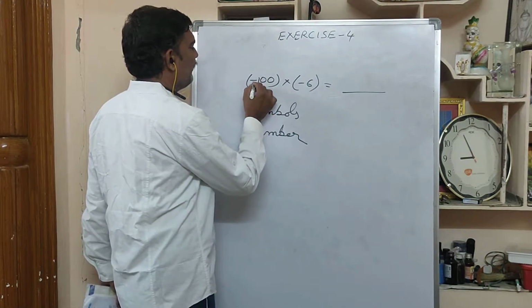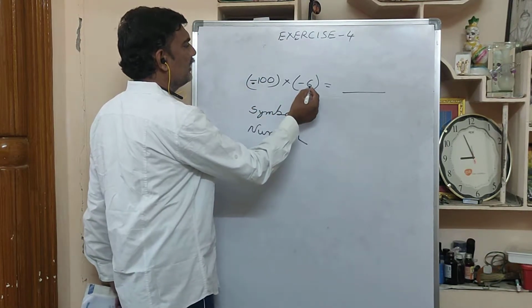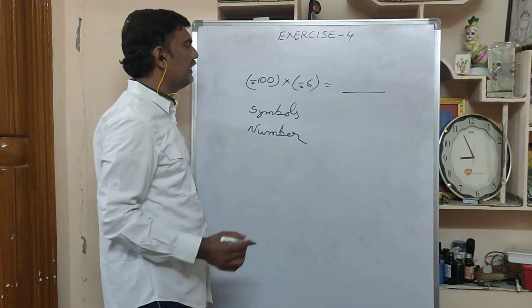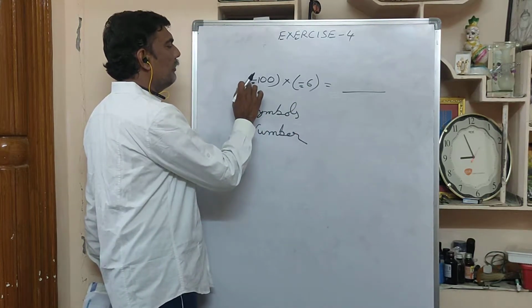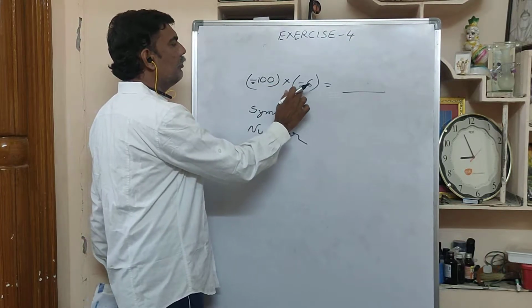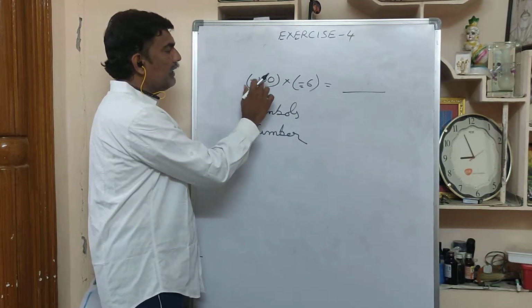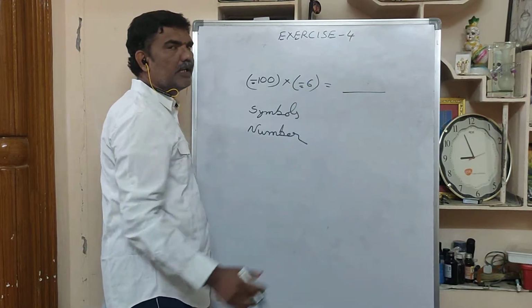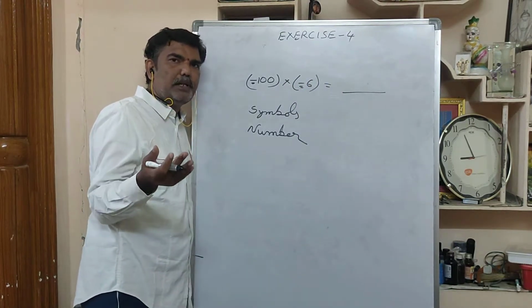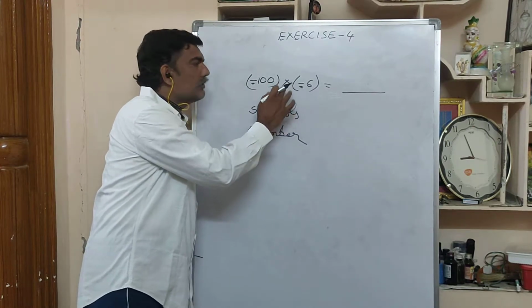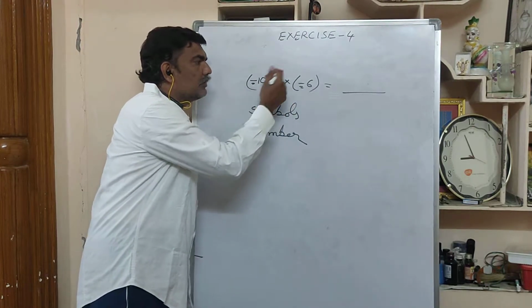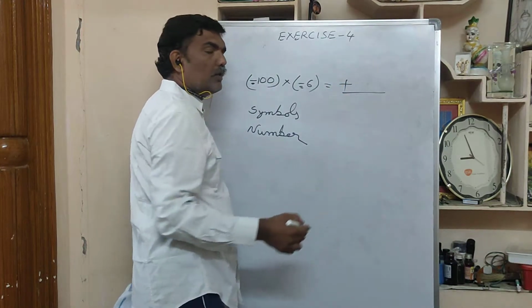So 100 before which symbol is there? Minus. 6 before which symbol is there? Minus. First you have to multiply what symbols? Minus into minus. Just now I said same symbols, if you multiply you will get positive. So minus minus, same symbols. What you are doing? Multiplying.